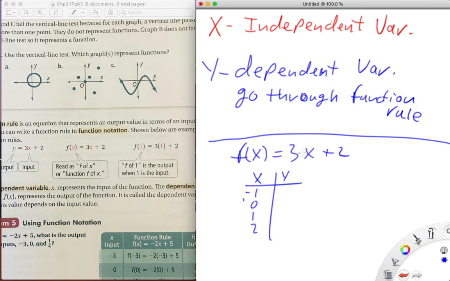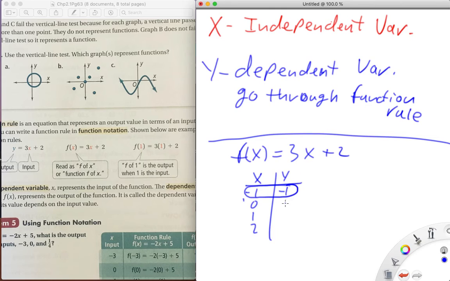Negative 1 times 3 is negative 3 plus 2, which is negative 1. This negative 1 only corresponds with that negative 1 here. This negative 1 went through the function rule to spew out negative 1.